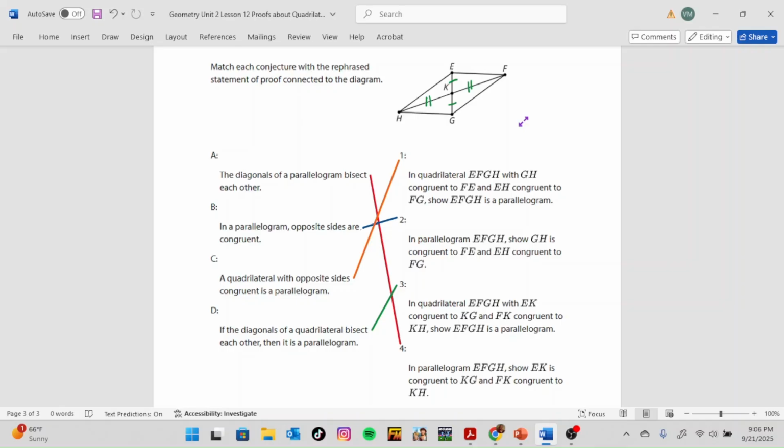And how much is it asking for? Is it only talking about the diagonals or the parallel lines? Or is it also then extending it into a statement about the whole parallelogram? So you just have to read carefully and make sure you match them up correctly.